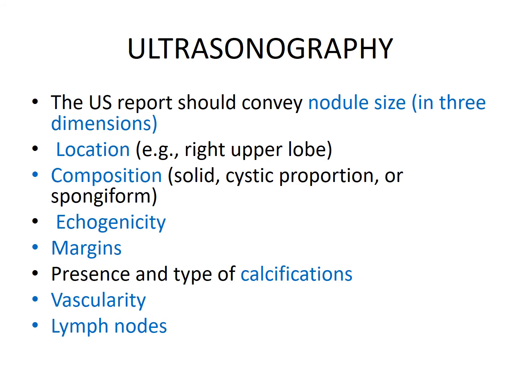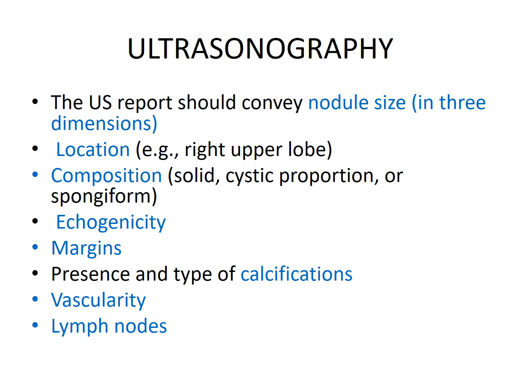So you see, the ultrasonography report should convey the nodule size in all three dimensions. It must tell us about the location: whether it is present in the right upper lobe, the right lower lobe, or the isthmus. It must tell us about the composition, whether it is solid, cystic, or spongiform.